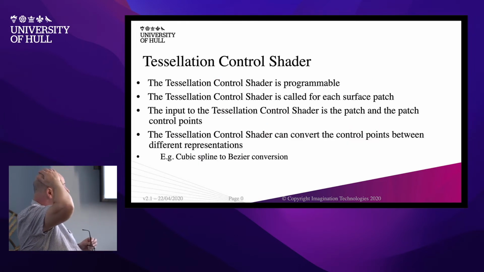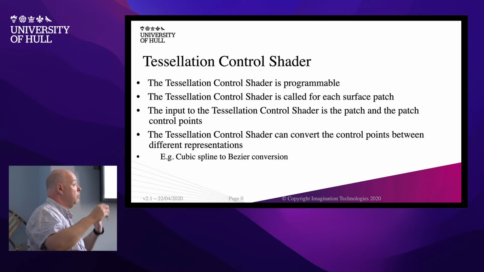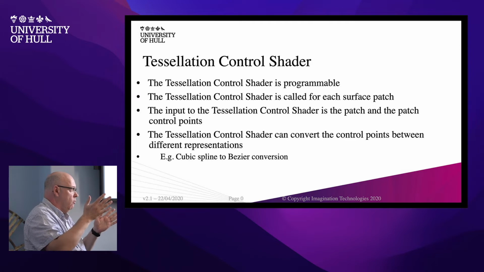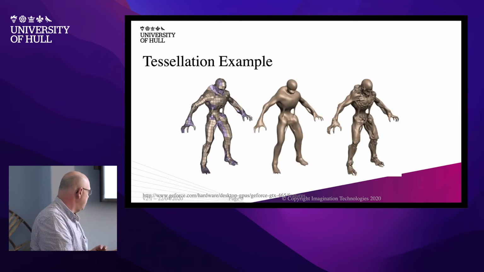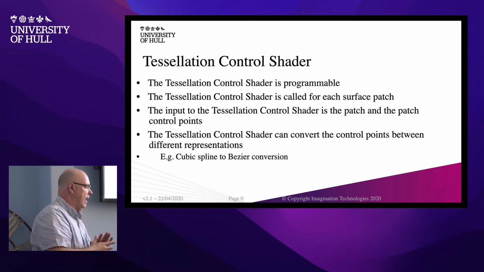So there's 3 parts to the tessellator. You've got the control shader. So it's a shader, so you can write your own shader code for this. And again, it can run your shader in parallel because it basically runs on each surface patch. So each one of these patches here, okay, the control shader will run over that patch.